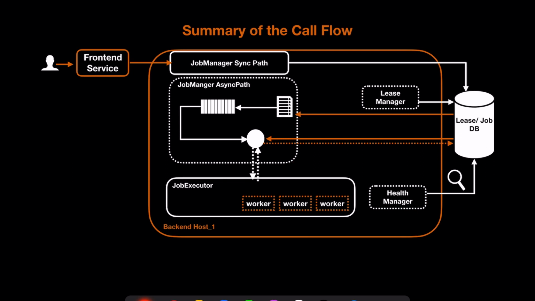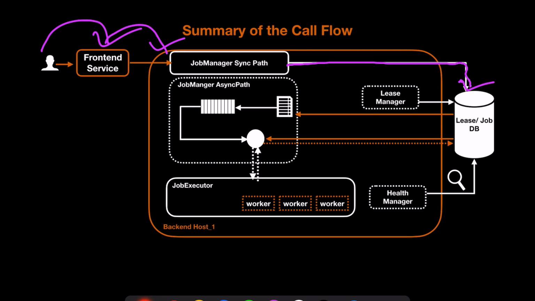Finally, let's try to summarize the whole thing. The customer is calling our front end service, and the front end service, after doing some authentication, authorization and basic stuff, routes the request to our backend. In our backend, we have the job manager. Job manager has a sync path and an async path. From the sync path, it creates the job and stores it into our database.